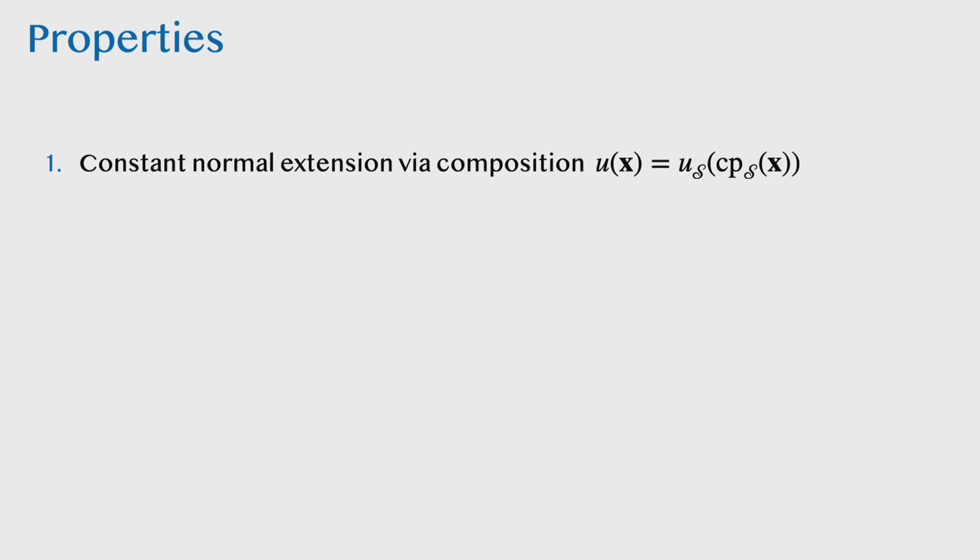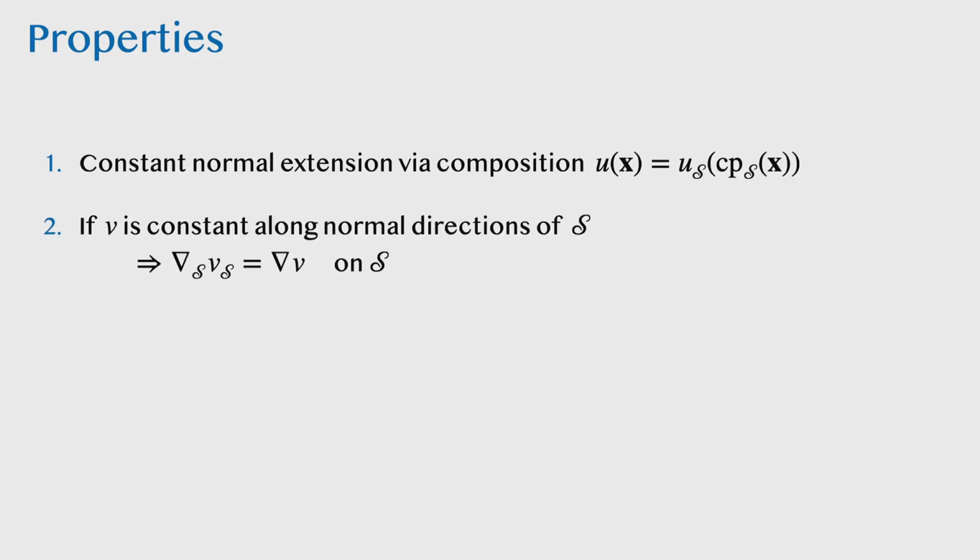So we call this the closest point extension. Now, if you have some function V that's constant along the normal directions of S, then the Cartesian gradient of V is going to equal your manifold gradient when you restrict just to S. This is because it's constant in the normal direction, so you can only have rates of change along the tangential direction.